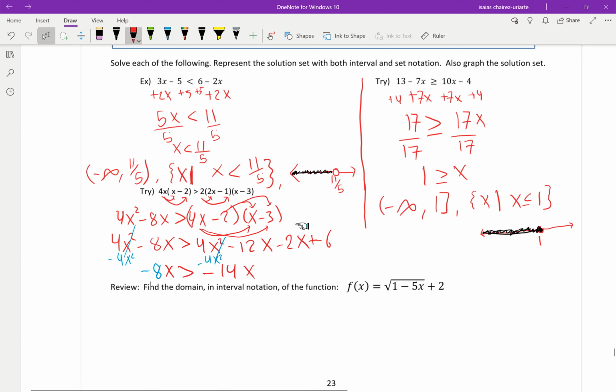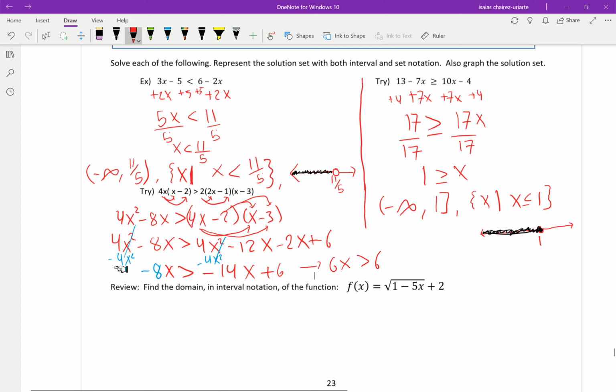Okay. Then the next thing I'm going to do is I'm going to add 14x to both sides. I'm going to add 14x to the right and to the left of the inequality. Okay, so negative 8 plus 14 is going to be 6. So I'm going to have 6x is bigger than 6.